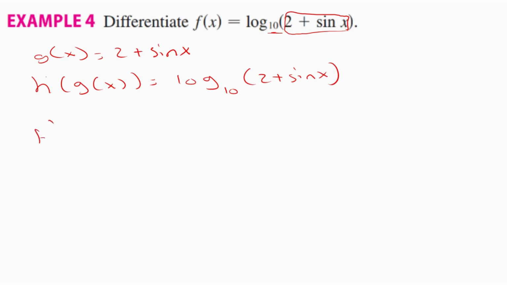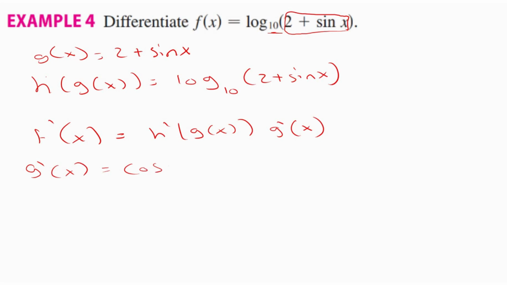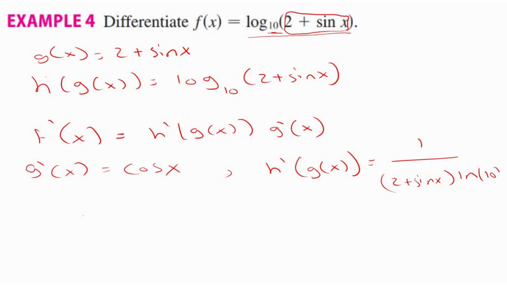So our f prime at x is going to be h prime at g of x multiplied by g prime of x. Now to find the derivative of g, sine of x, its derivative is going to be cosine of x, and h prime at g of x is going to be, as we have seen earlier, 1 over 2 plus sine of x multiplied by ln of the base, which is 10.